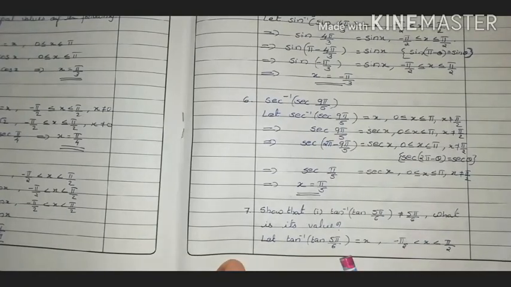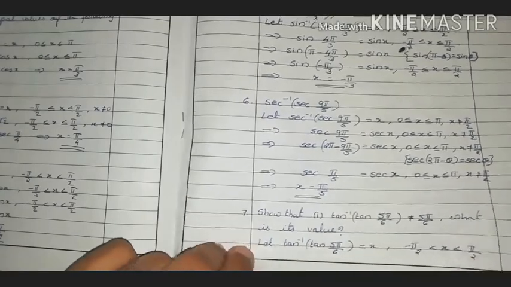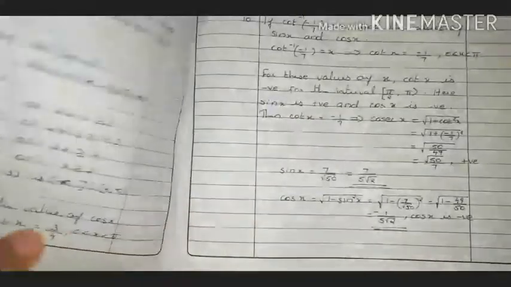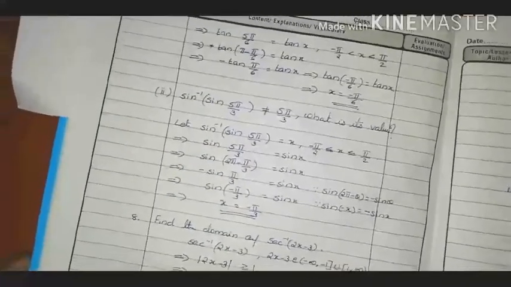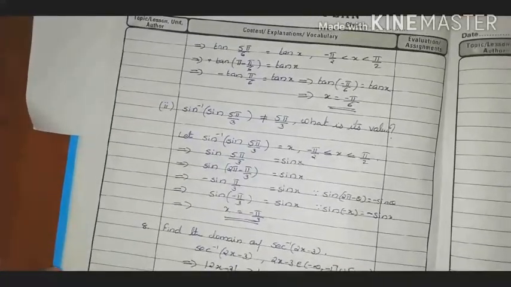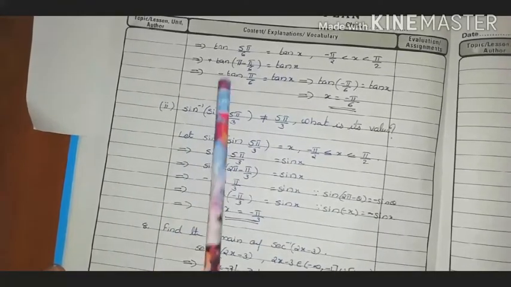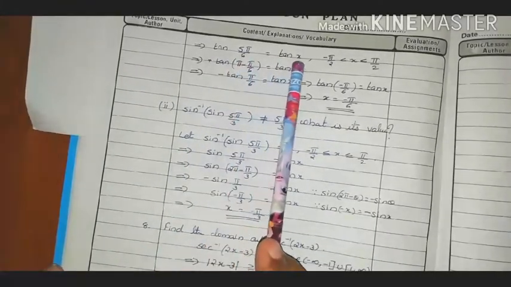Let tan inverse tan 5 pi by 6 be equal to x. The principal value is minus pi by 2 less than x less than pi by 2. Transposing, you can write tan 5 pi by 6 is equal to tan x.